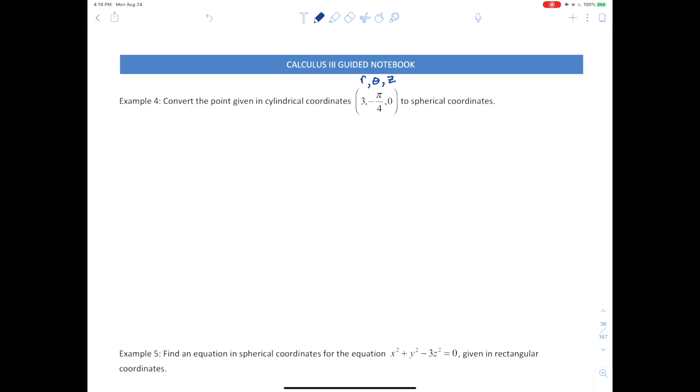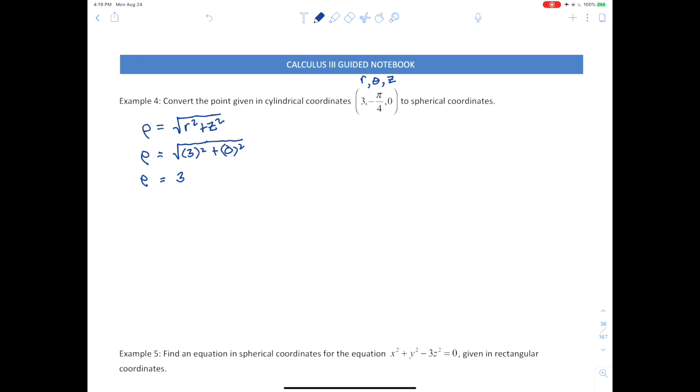So here, remember that rho is equal to the square root of r squared plus z squared. And we have both of those in there. So rho is equal to the square root of 3 squared plus 0 squared. So rho will just be equal to 3 because rho is given as positive.